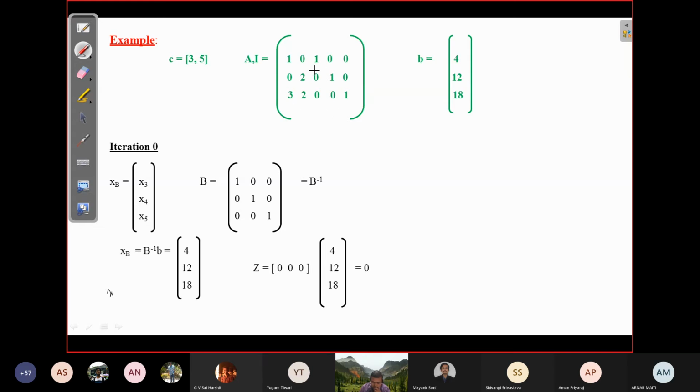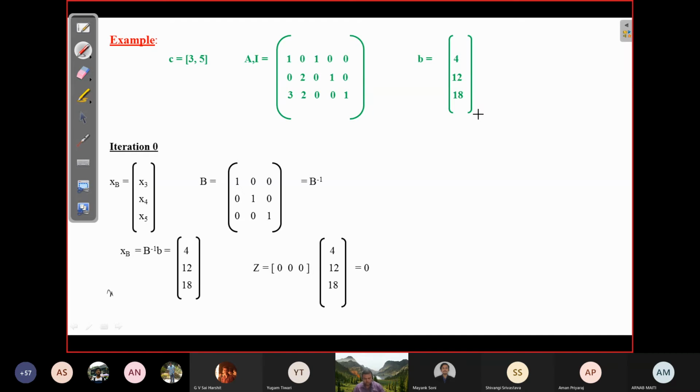A I, I have included these three slack variables x3, x4 and x5, and this is A I, and this is the small b: 4, 12, 18. So this is the initial data, fine.